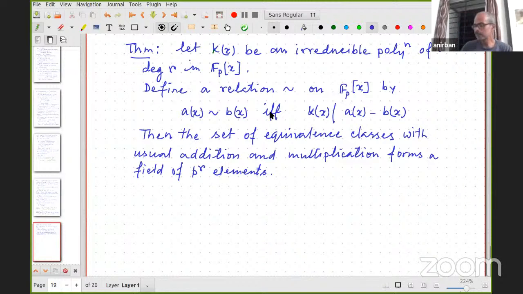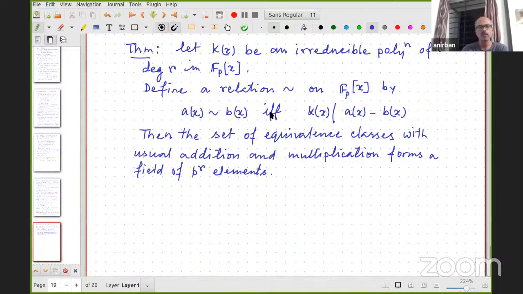I'll leave the proof, so it is very easy. It's just modular arithmetic, and exactly whatever you do for integers is valid there, including the Euclidean algorithm. The way of finding inverses is also exactly the same.